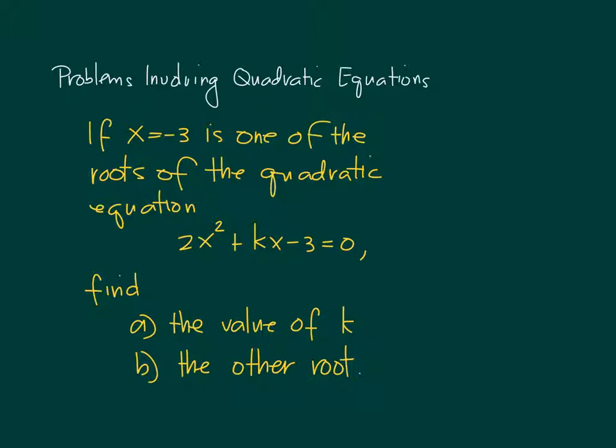Okay, so as the title suggests, this is an application of quadratic equations to some problems. So the first statement is saying that if x is equal to -3 is one of the roots of the quadratic equation 2x squared plus kx minus 3 equals 0, the meaning of this is that take note that when a value is a root of the quadratic equation, it means when you substitute the value, the number, to every x in the equation, then it will result to 0.